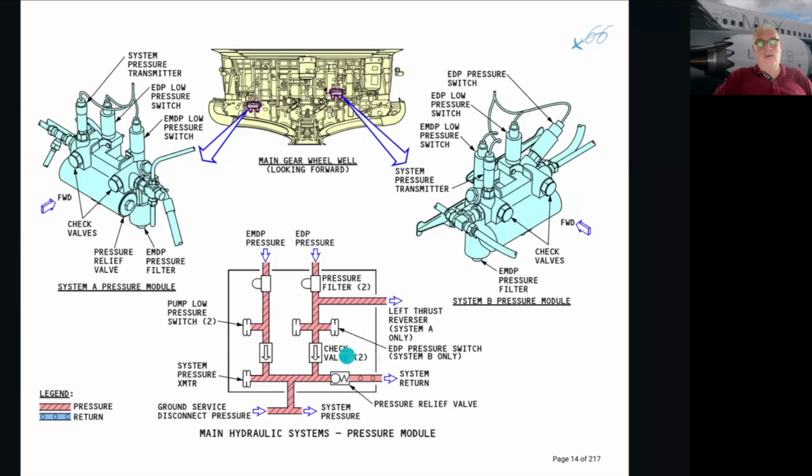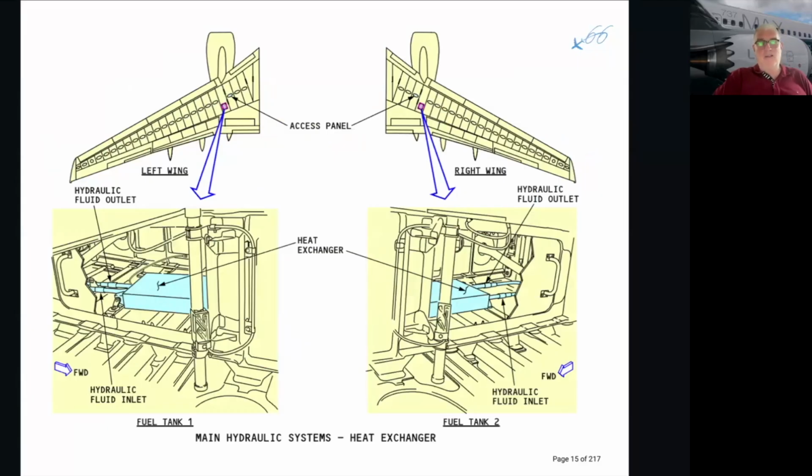All right, so you can see there's a lot of stuff going on here, but the main aim is to concentrate the hydraulics, monitor it for temperatures and pressures, and then distribute it to the users as required. Here are those heat exchangers again.